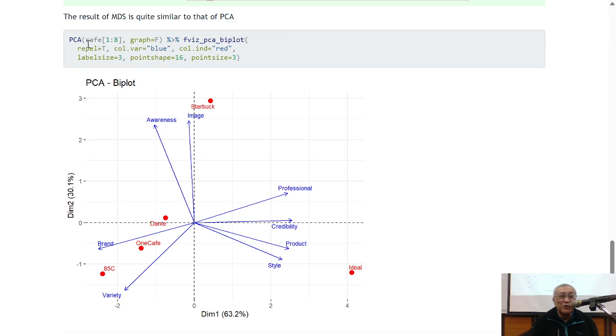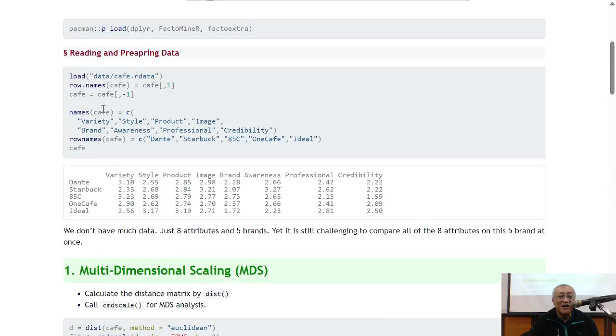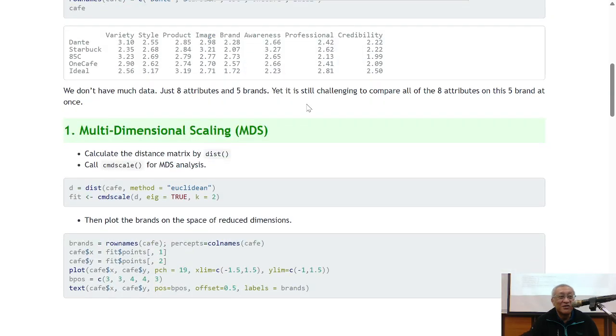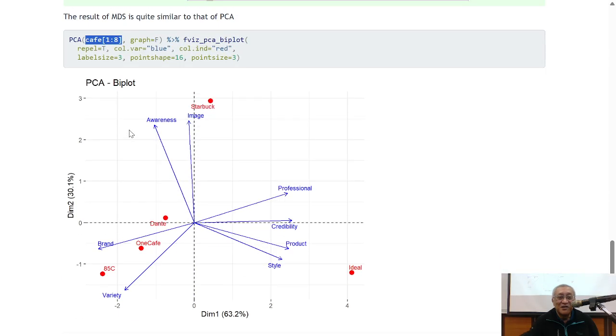Basically, you just call the PCA function, and you give it the data. The cafe data is this data frame. Just give it the data. I told you that I do not want to plot it with PCA because it's very ugly, so we use this tool to help us make this plot.